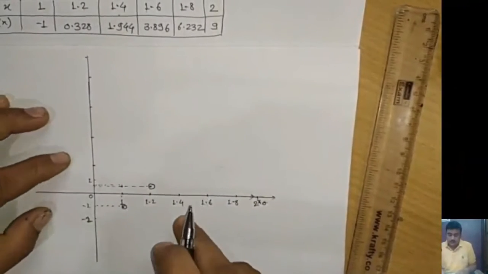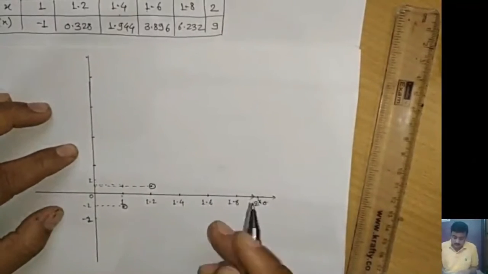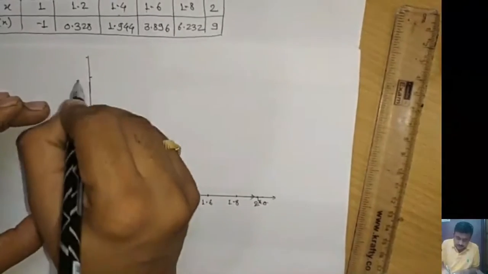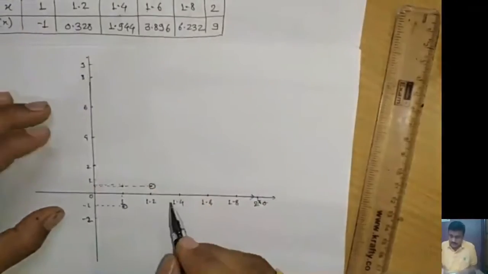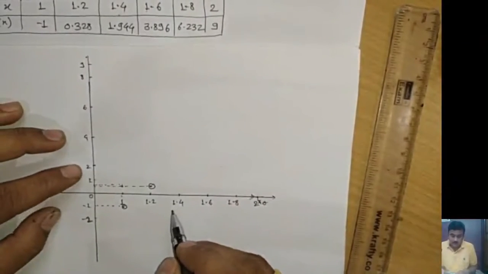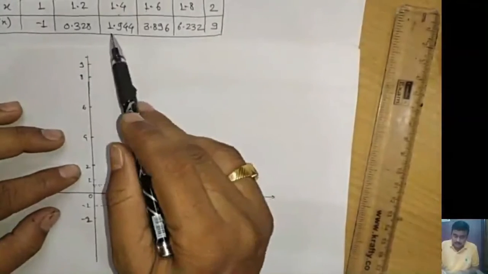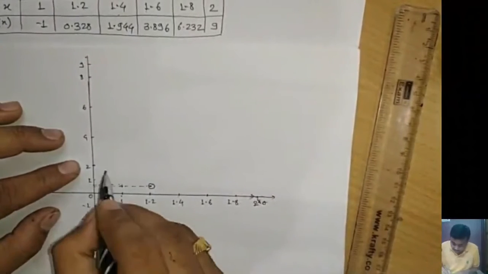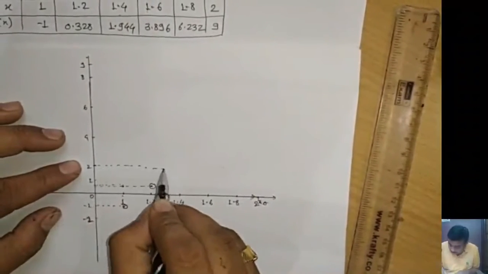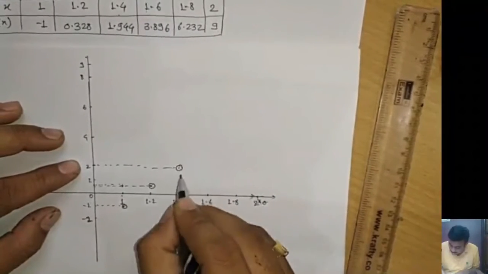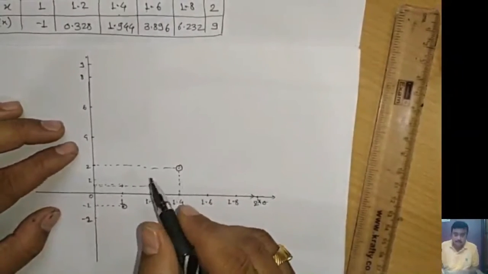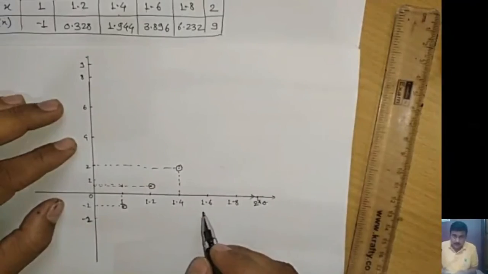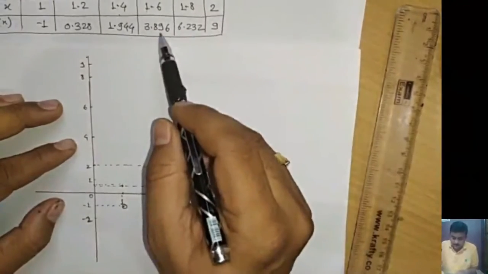Now for 1.4, first we represent over here 2, 4, 6, 8 and 9. For the value of 1.4, the function value is 1.944, so it is nearly equivalent to 2, so we represent it towards 2 in the first quadrant. So here is 2. Now for 1.6, the value of the function is 3.896, which is near to 4.